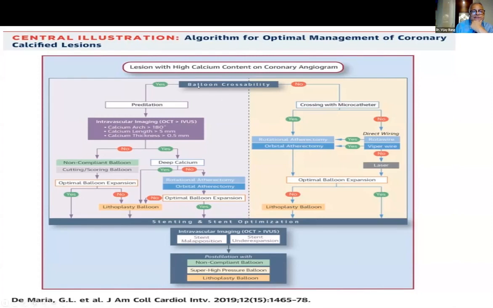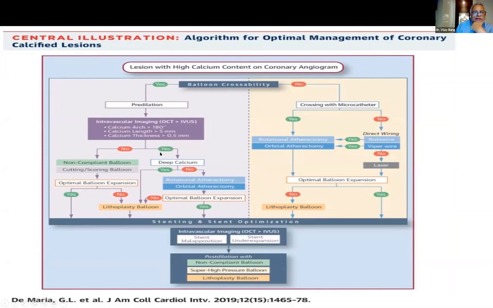This study suggests that if you have a high degree of calcium on coronary angiogram, we have to take into consideration in this algorithm whether balloon crossability is there or not. If the balloon is crossable, then pre-dilate and do vascular imaging, either with OCT or IVUS.